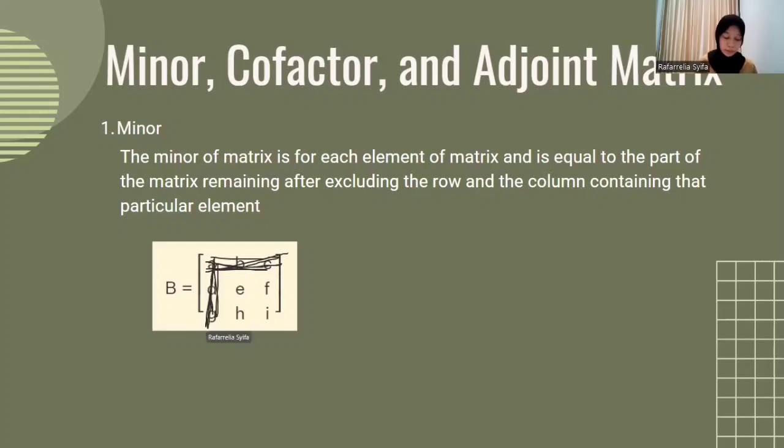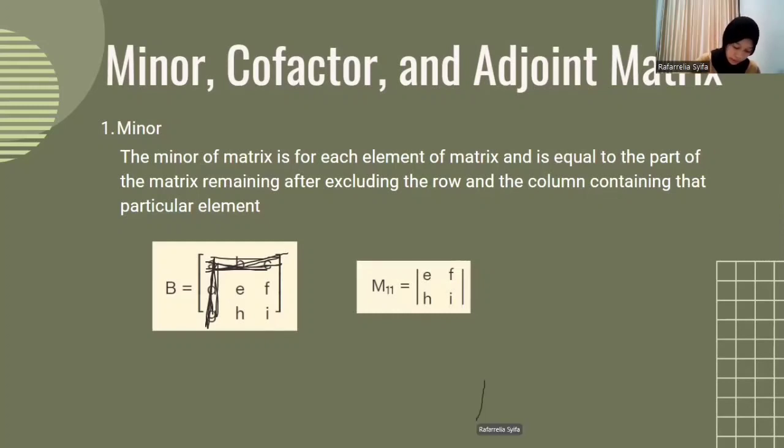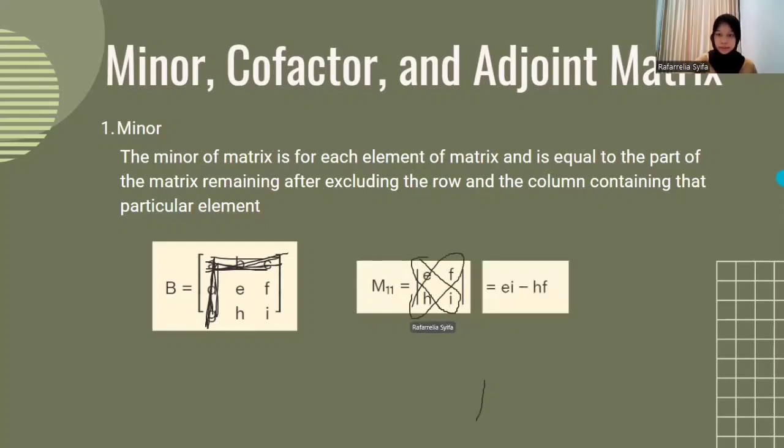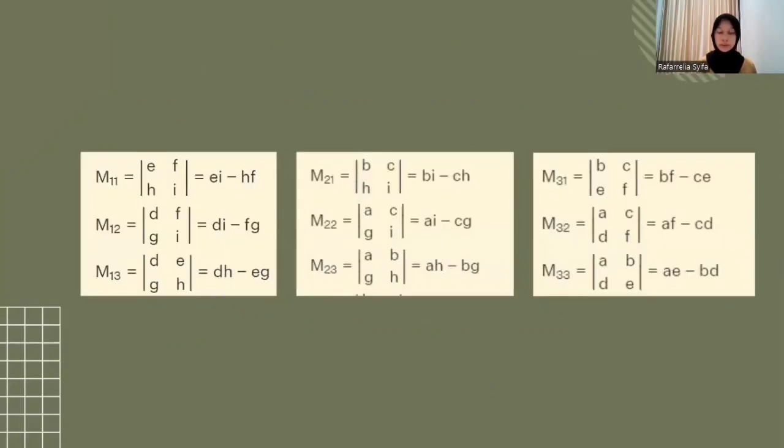So the elements of the B matrix will only contain E, F, H, and I. After this, we multiply E and I minus H and F. So it will be E times I minus H times F, and so on until the last row and column of the matrix.